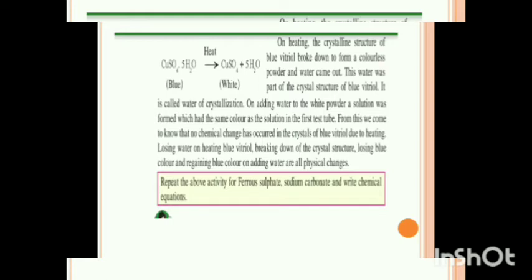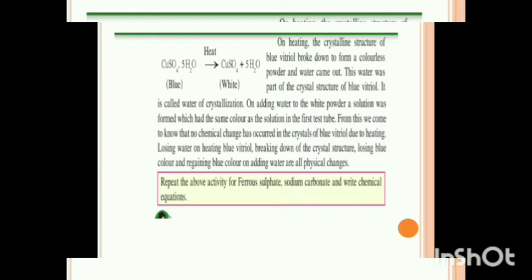So from this we come to know that no chemical change has occurred in the crystal of blue vitriol due to heating. Losing water on heating, breaking down of the crystal structure, losing blue color and regaining the blue color on adding water are all physical changes. No chemical changes occur in this experiment.